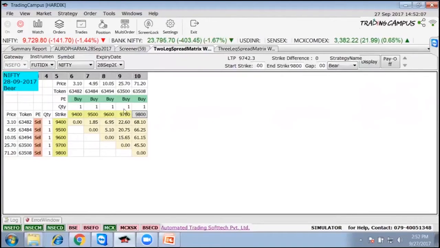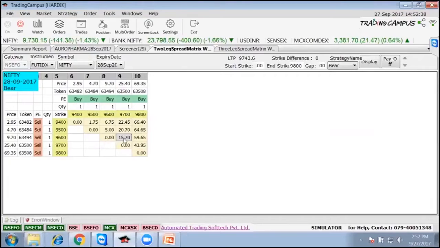Let's say 9,800 to 9,700, or 9,700 to 9,600, is what we are interested in. The cost is 15 rupees. If you see the cross of row and column, 15 or 16 coincides with 9,700 and 9,600.